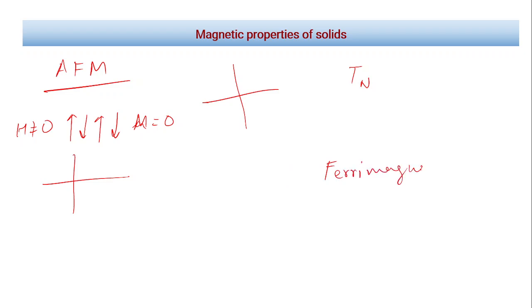ferrimagnetism. How is it different from the four we have discussed till now? In ferrimagnetism also we have magnetic moments in anti-parallel directions to each other.